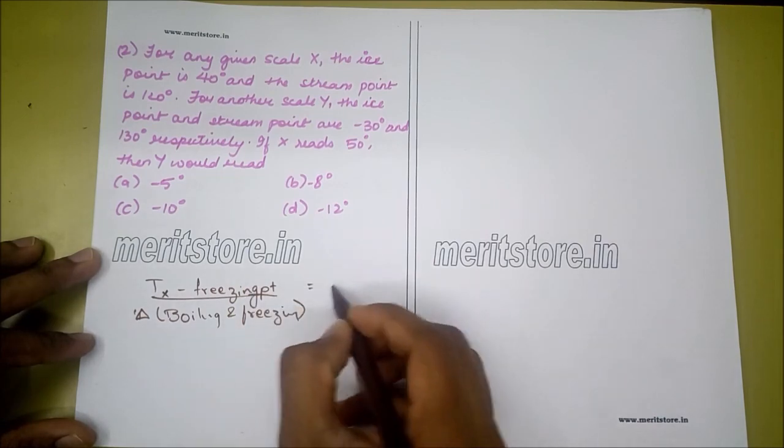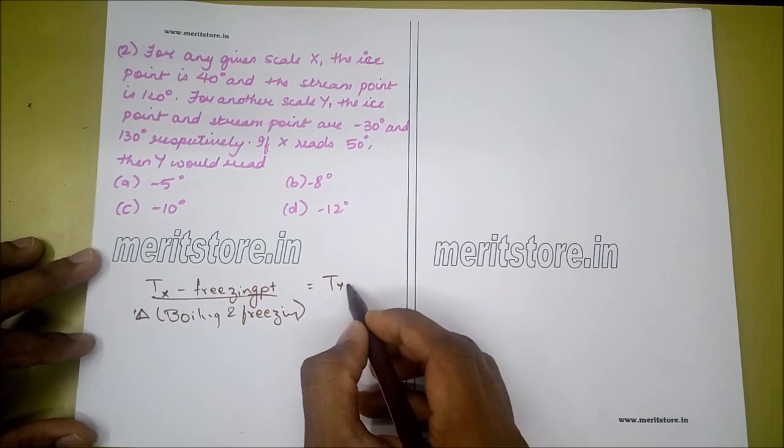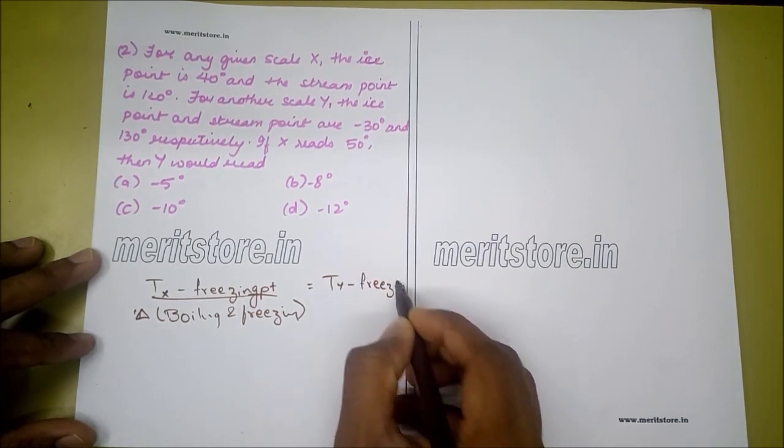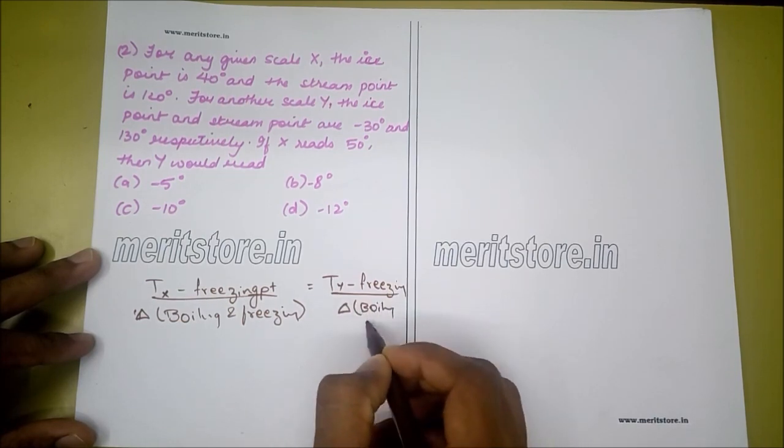So this would be equal to, for the next scale, that is the y scale, Ty minus the freezing point upon delta of boiling and freezing.